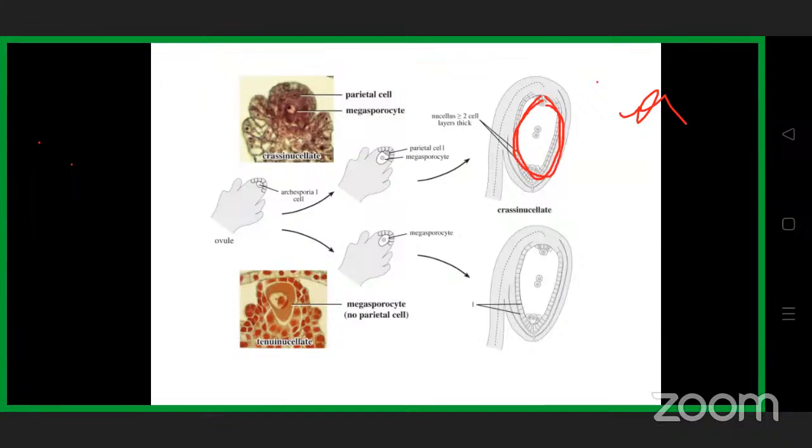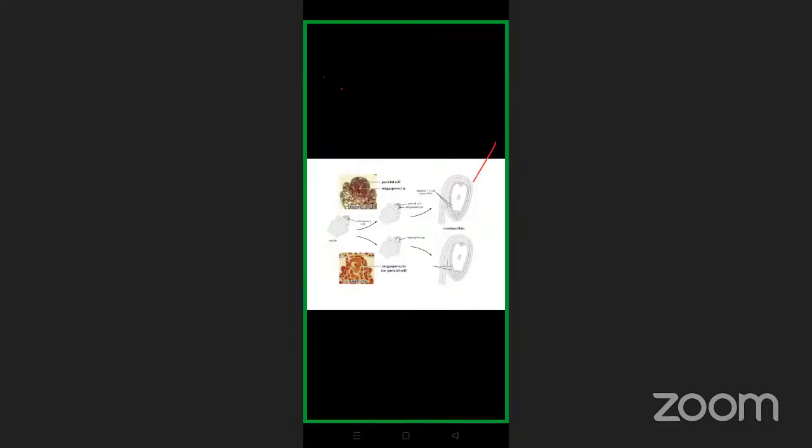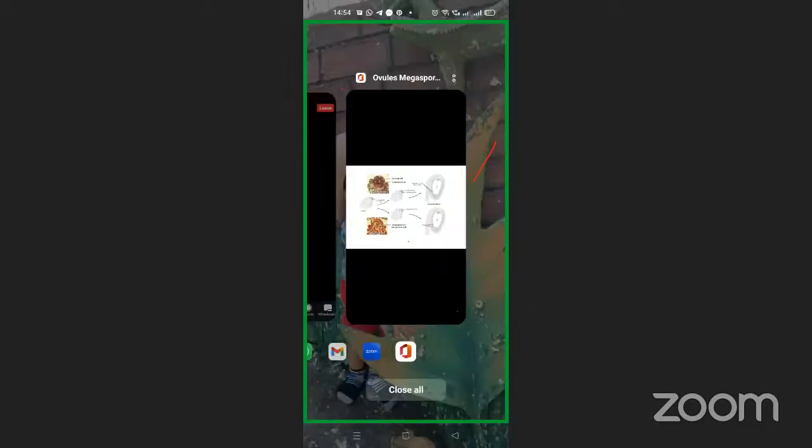It supplies the nutrition toward the developing, that means the maturing, embryo sac. That is the nucellus, the nutritive layer, nutritive tissue, which is present in the ovule.